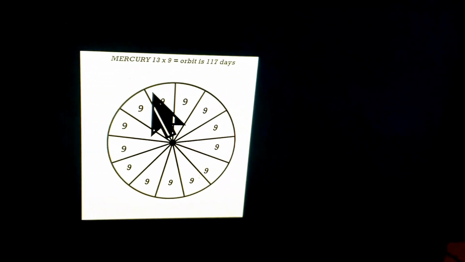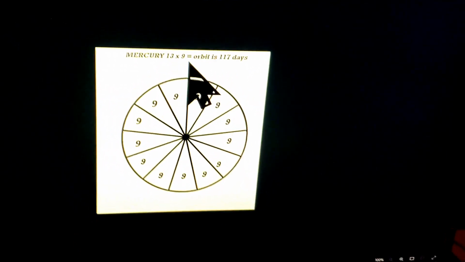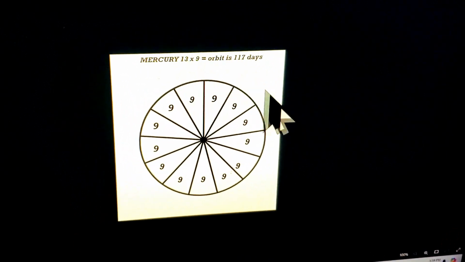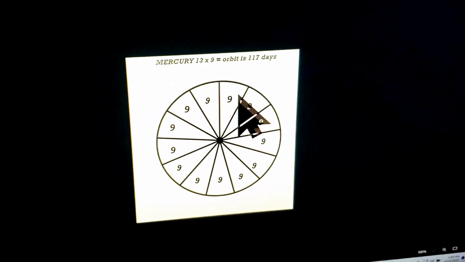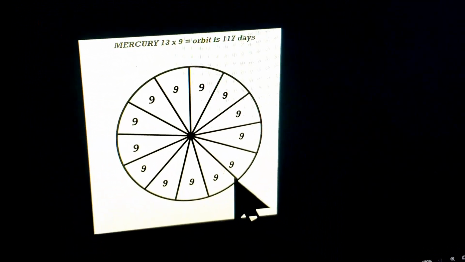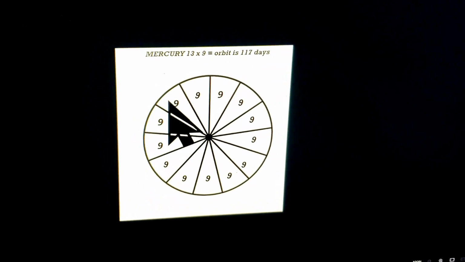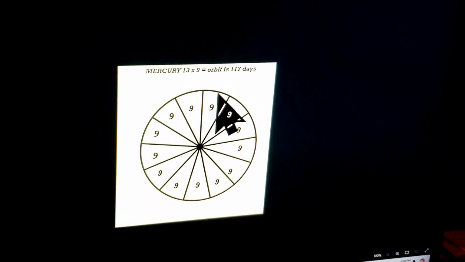And each of these slices is 9 days, and that's Mercury. 9 days, 9 days, and so on, 13 times, back to itself. So that's Mercury. Next I'm going to show you the orbit for how it works with Venus.